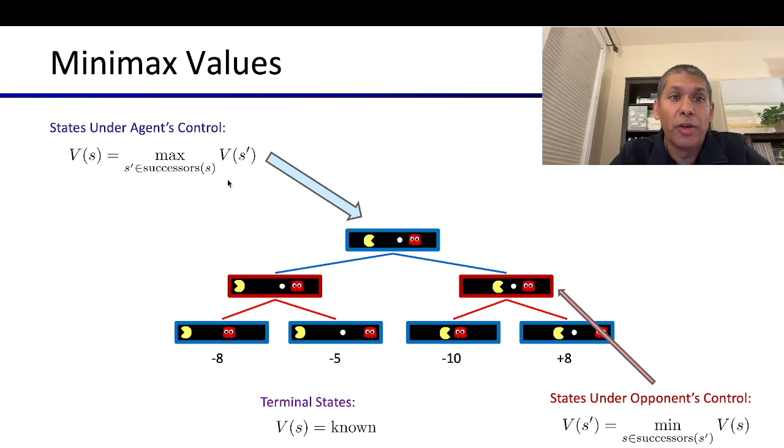So in other words, from all the values of the states S prime, where S prime is a successor of the current state that we are in, we will take the maximum. And similarly, the opponent will look at whichever states we put them into; from there, whichever state they can choose, they will try to minimize the result. For the terminal states, again, when one side has won, we know the value of those states here.